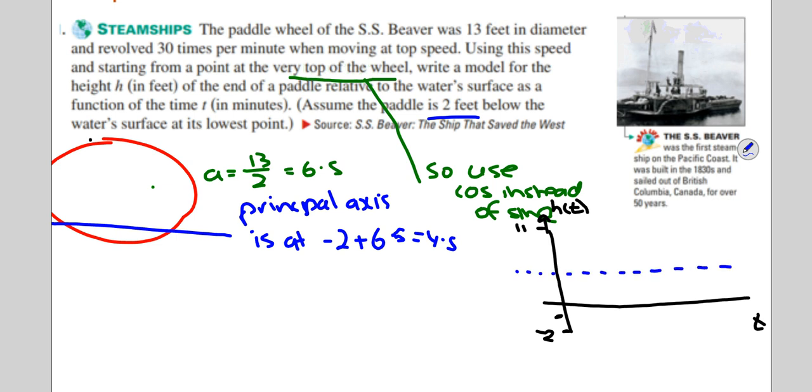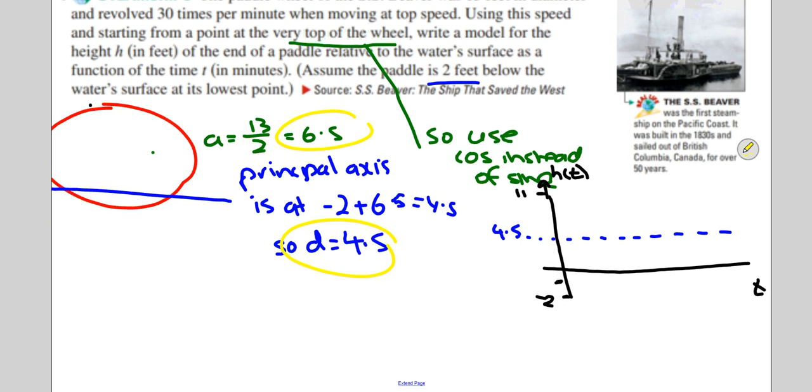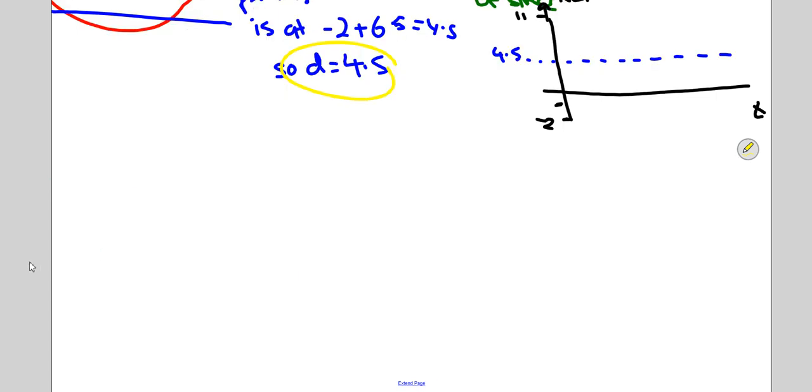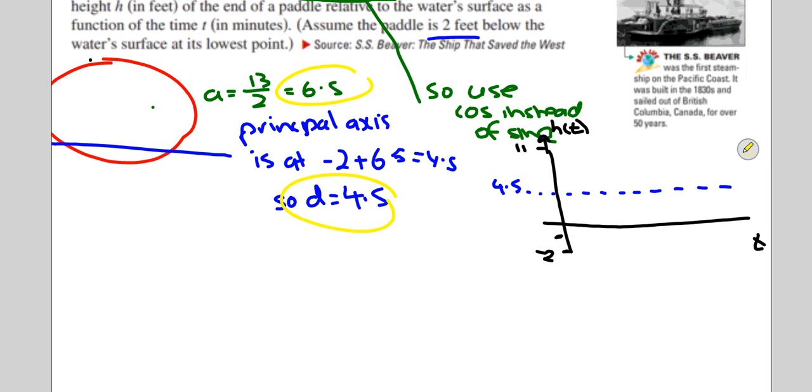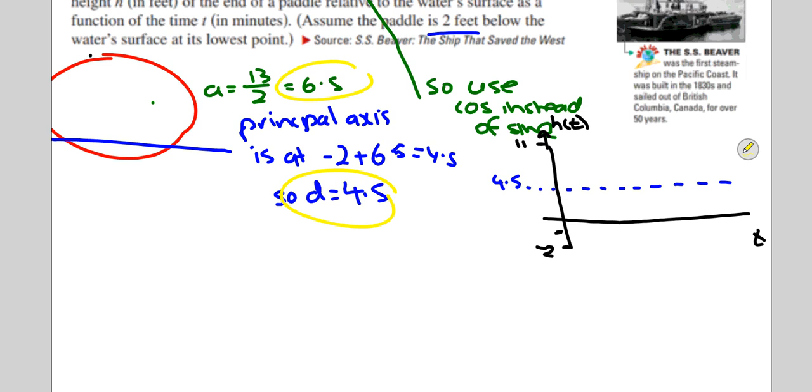So what does that tell us about our D? D equals 4.5 feet. So we've got two things so far, our A and our D. How do we get 4.5 as the principal axis and therefore the D?